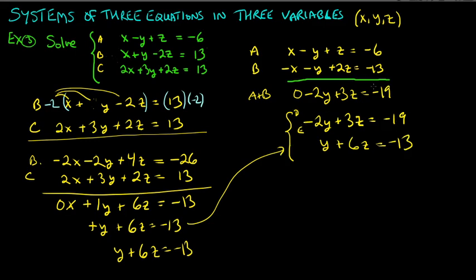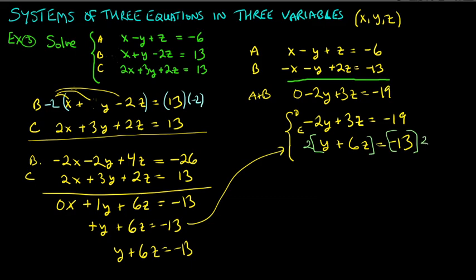All right, so equation D was correct: negative 2y plus 3z equals negative 19. And then equation E, which is this down here, should be positive y plus 6z equals negative 13. Okay. So in order to eliminate the y's here, all I need to do is multiply E by positive 2 on both sides, right?